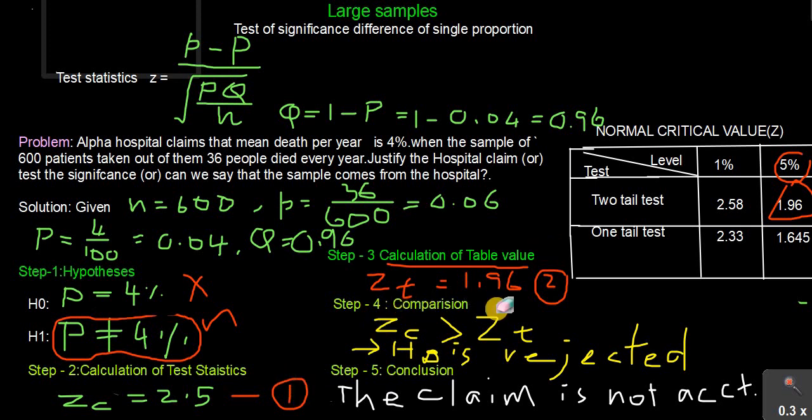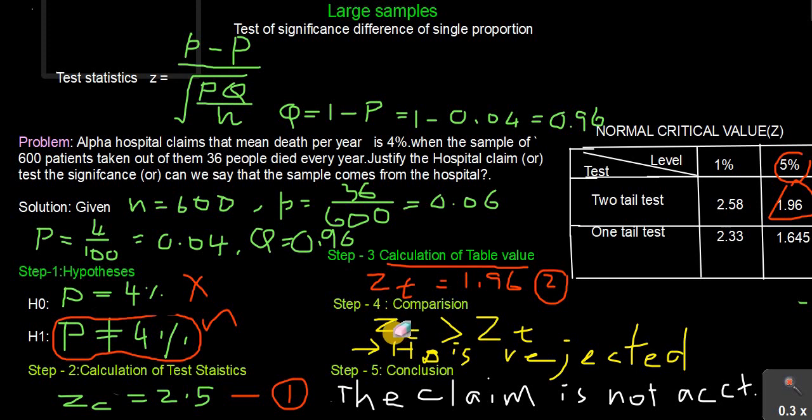Now I am comparing the calculated value of the test statistic with the table value. What I see is that the calculated value is 2.5 and the tabular value is 1.96.